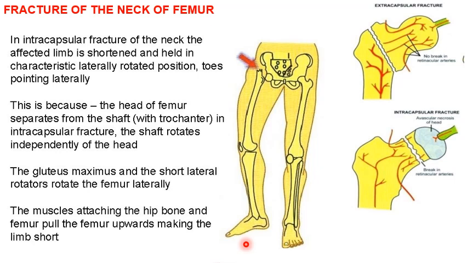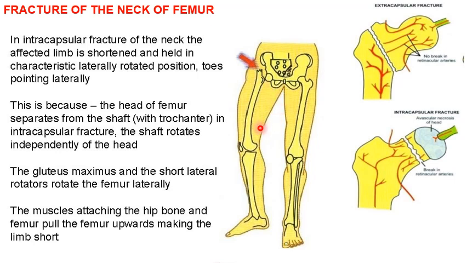This can happen because the head of the femur separates from the shaft, and the shaft rotates independently of the head and is pulled by the lateral rotators, which are strong muscles present posteriorly compared to the muscles present anteriorly.